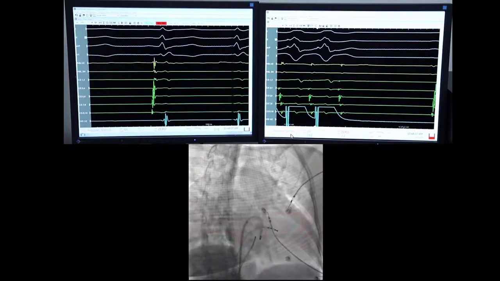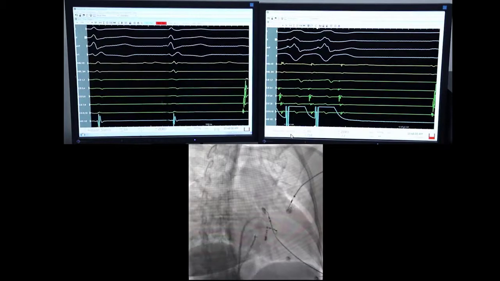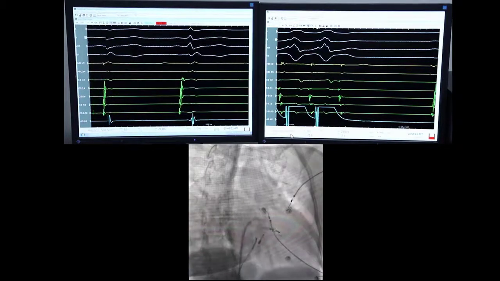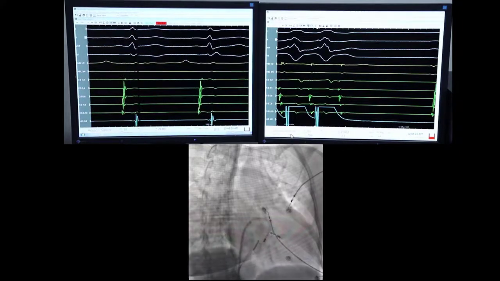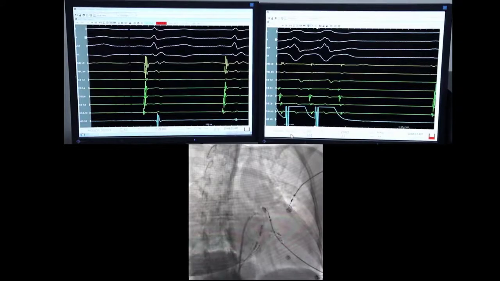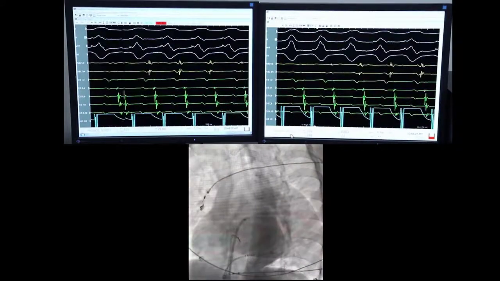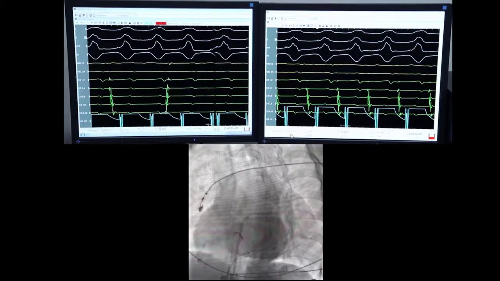Here we started to adjust the catheter more in the right anterior oblique. Here we can see the ventricular pacing from the RV.